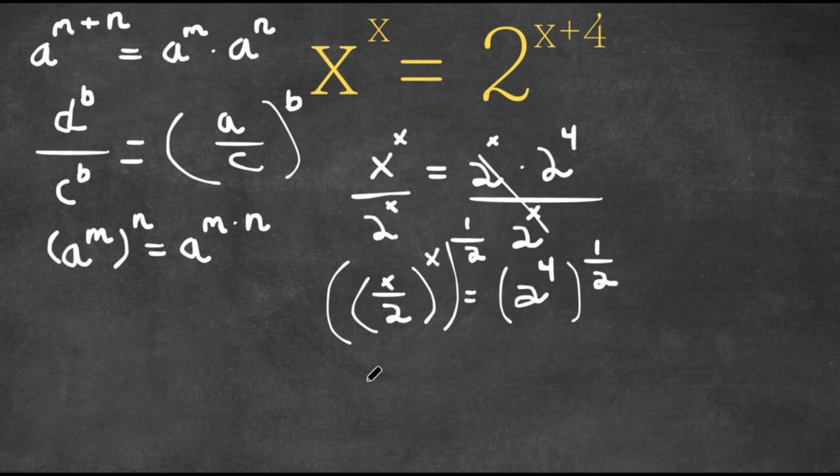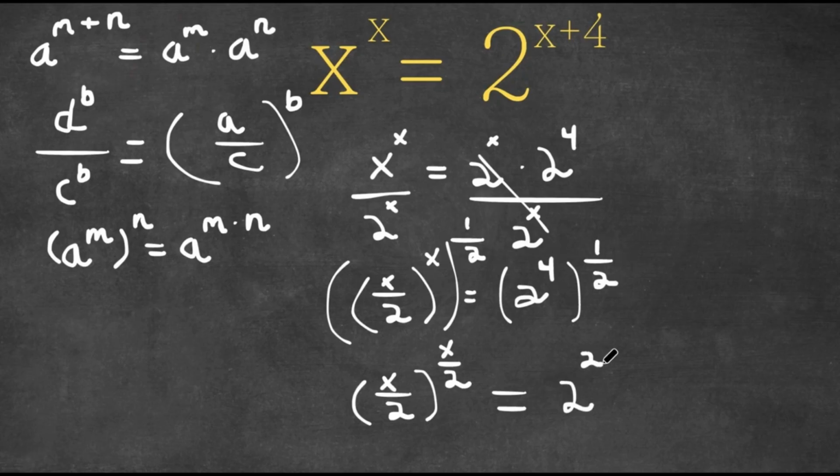So this x over 2 to the power of x times 1/2, which is simply just x over 2. Now this is equal to 2 to the power of 4 times 1/2, which is just simply 2.